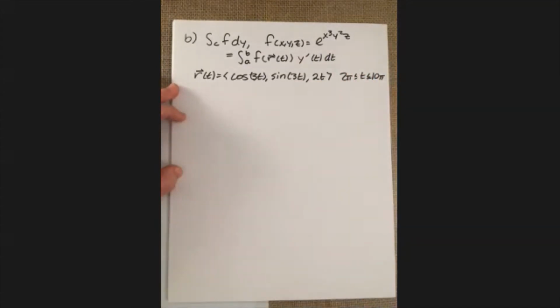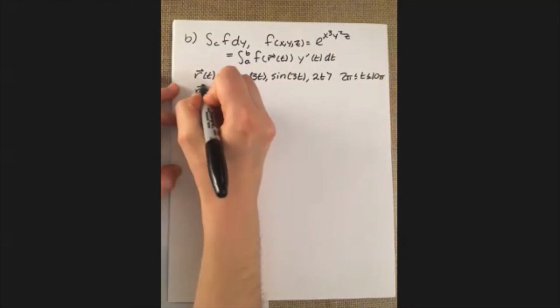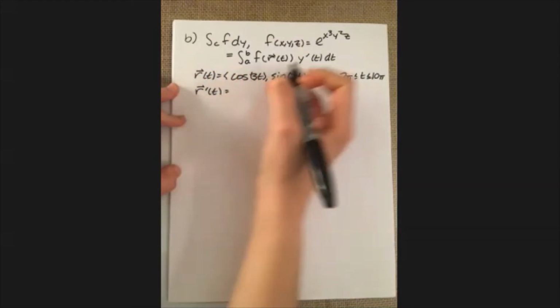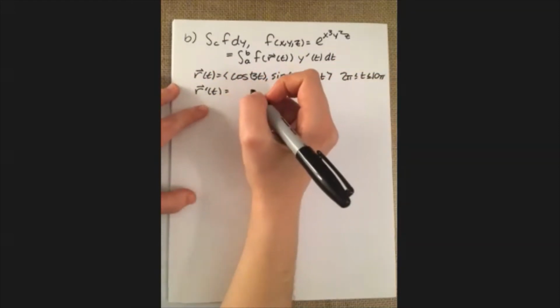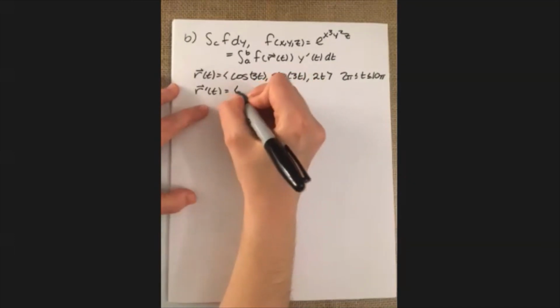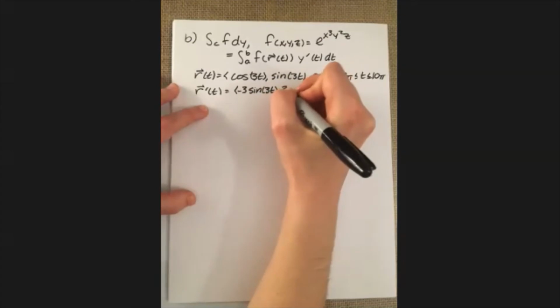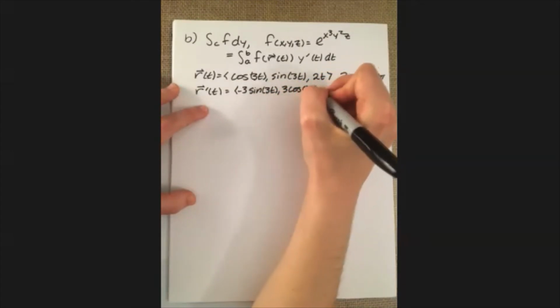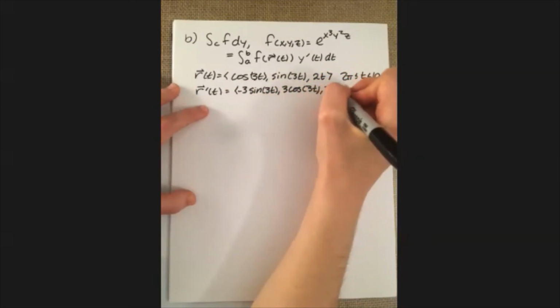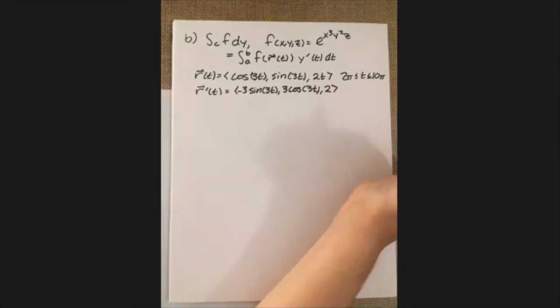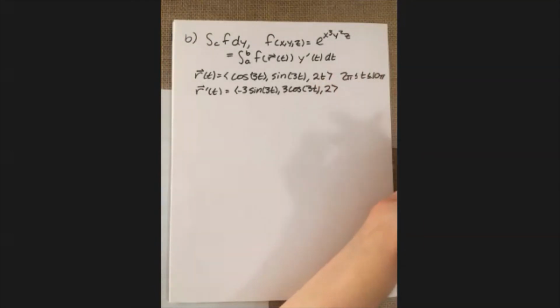And now I guess I just need my derivative. So r prime of t was equal to, we had said, negative 3 sine of 3t, 3 cosine of 3t, and then 2. A lot of the work's already been done for us, so we're just going to recycle some of this information.